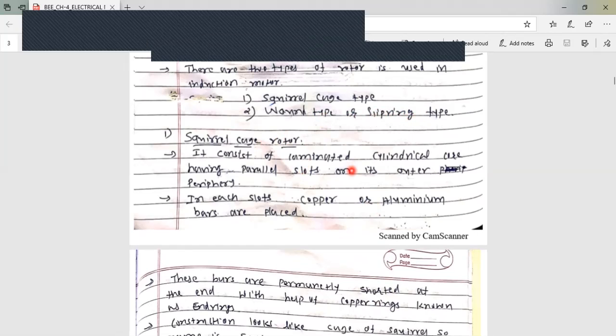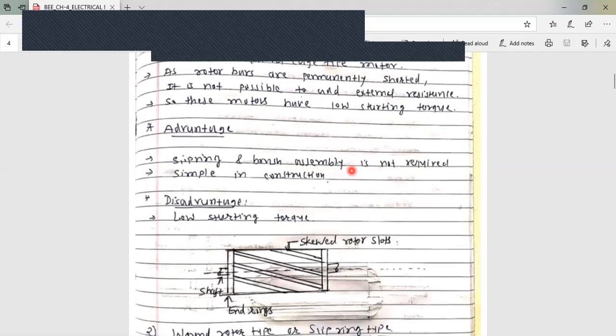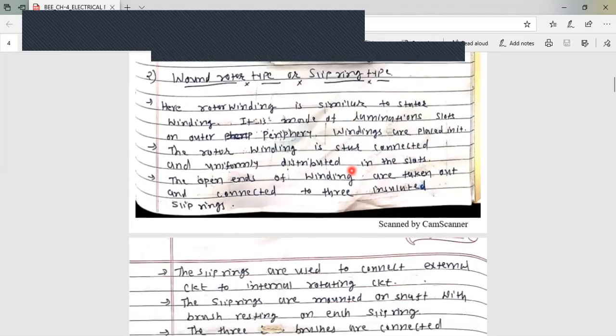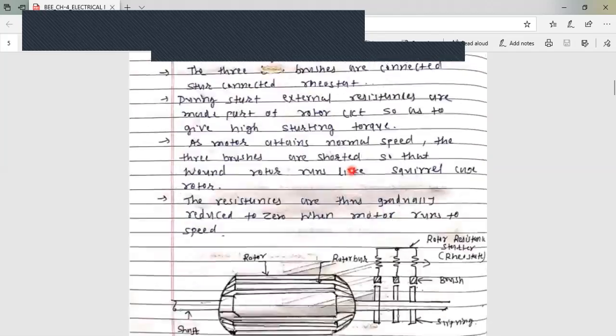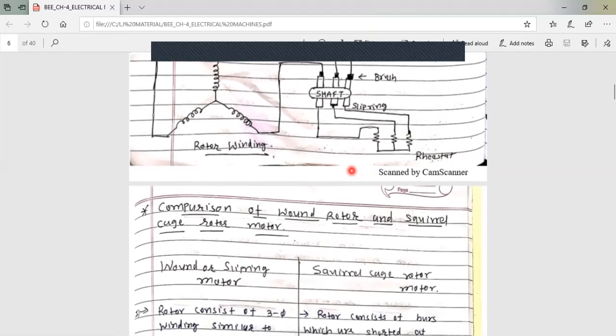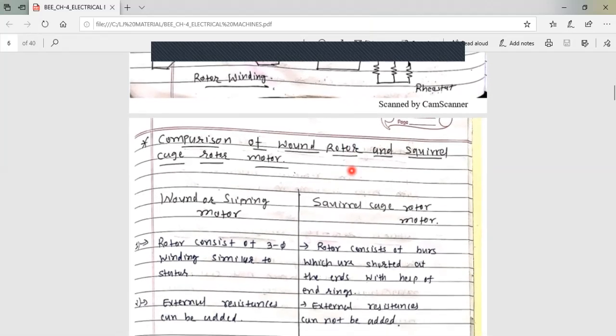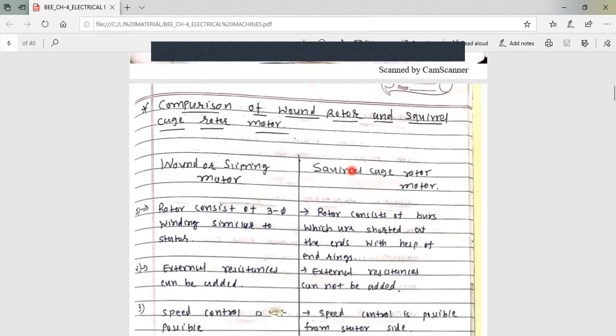The difference between these two types of rotor is also very important for exams. We will discuss here the difference between these two types of rotor, or we can say the comparison of wound rotor and squirrel cage rotor.